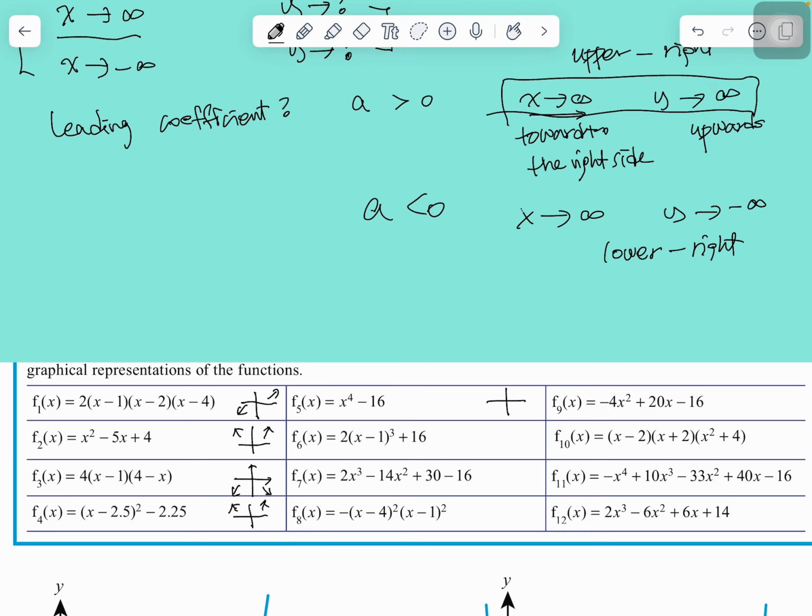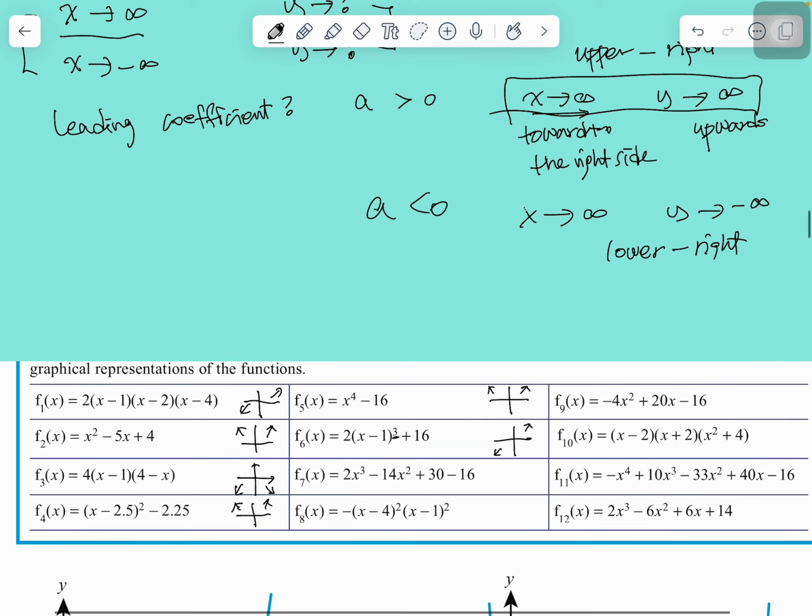F of 5, quadrants 1 and 2. F of 6 has degree 3 and positive leading coefficient, so quadrants 1 and 3. F of 7 also has degree 3 and positive leading coefficient, so it behaves the same way.